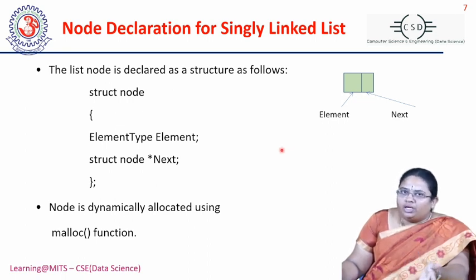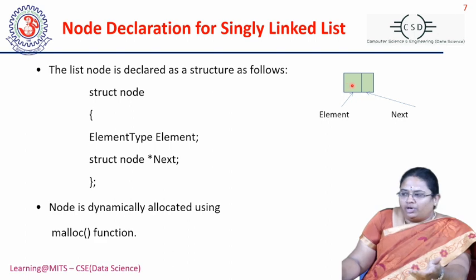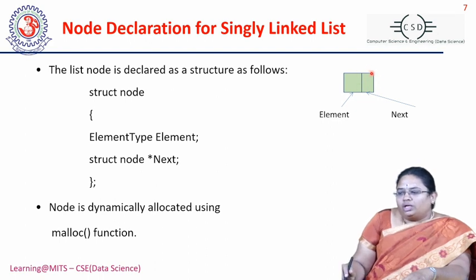It may be an integer list, a floating point list, a character list or a string list, whatever list of elements we may process. According to the data type, we declare the first part, and the second part holds the address of the next node, so we declare it as node type, struct node star.